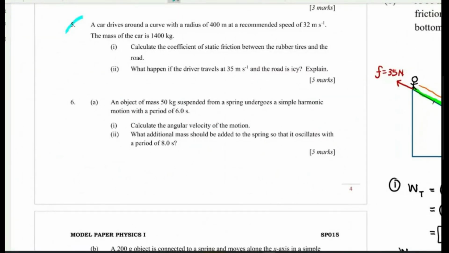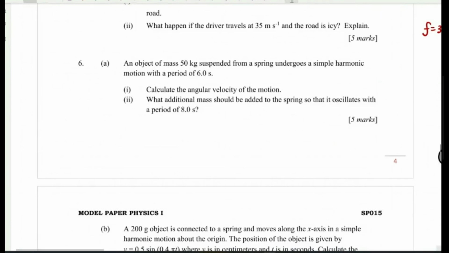Okay, question number 6A. So here we have an object of mass 50 kg suspended from a spring undergoes a simple harmonic motion with a period of 6.0 second. Okay, so T is equal to 6.0 second and the mass is 50 kg. Okay, so ini senang je lah. So we want to calculate what is the angular velocity of the motion.